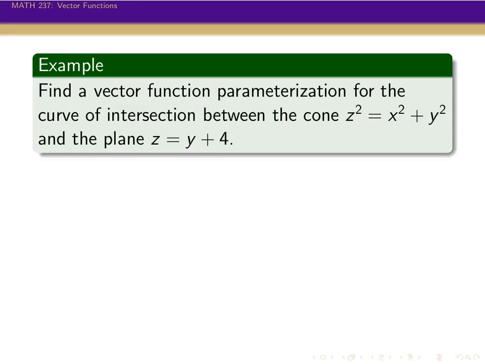Okay, so we just drew out a curve in R3. Now we're going to be given a curve in R3, and we have to find a parameterization for it. Curves in R3 coming from equations: if you take a single equation in R3, it's not going to draw out a curve, it's actually going to draw out a surface.